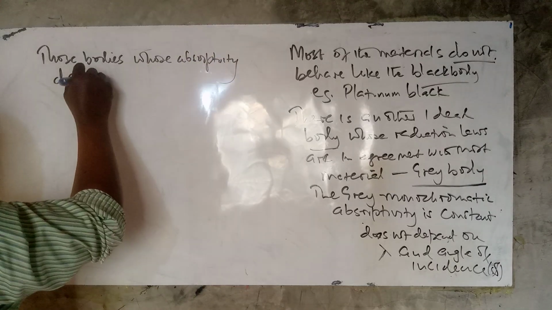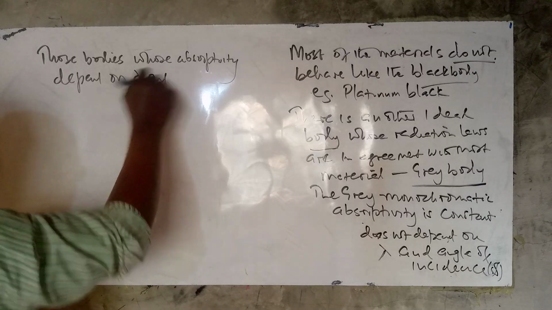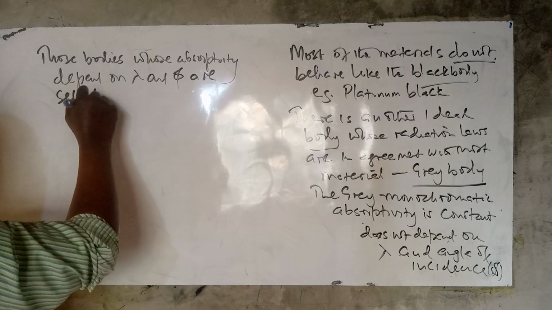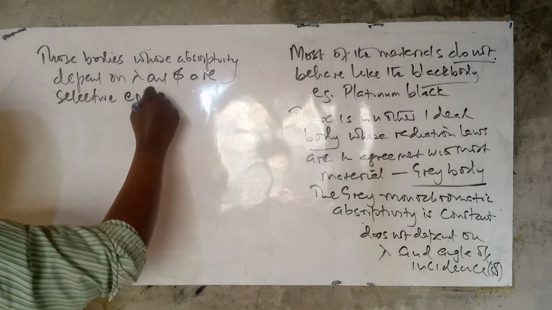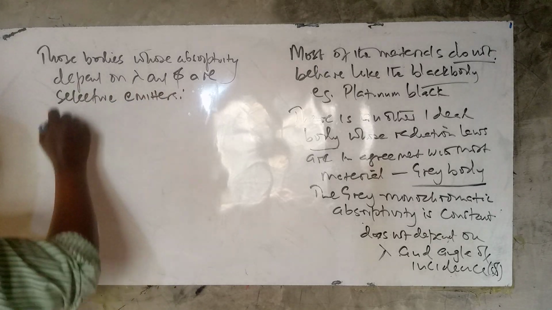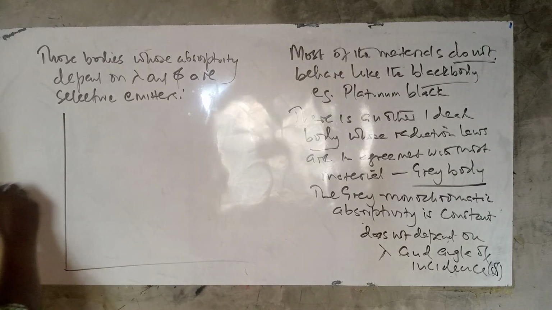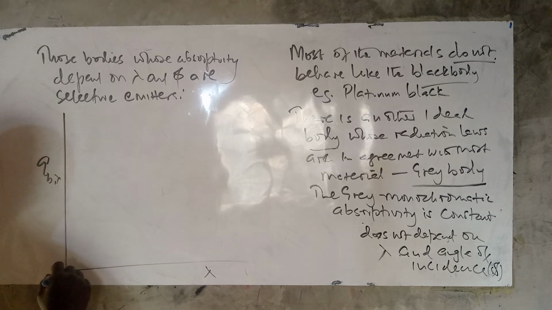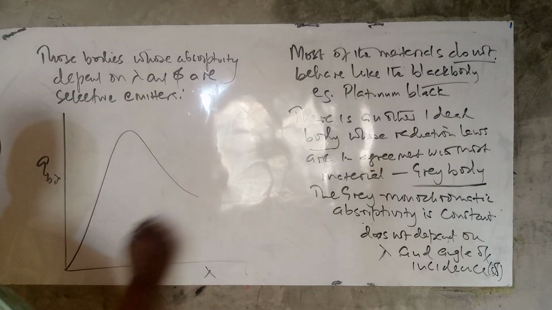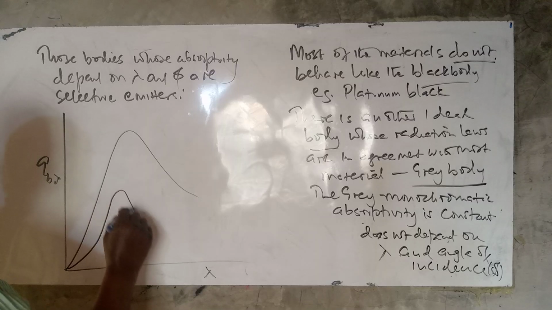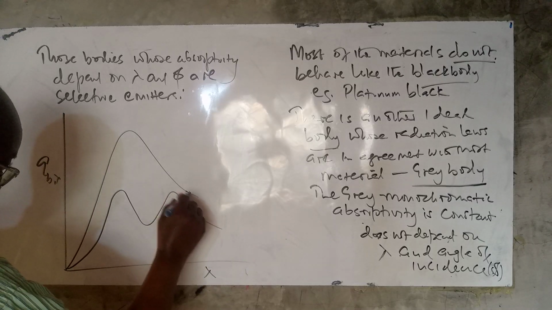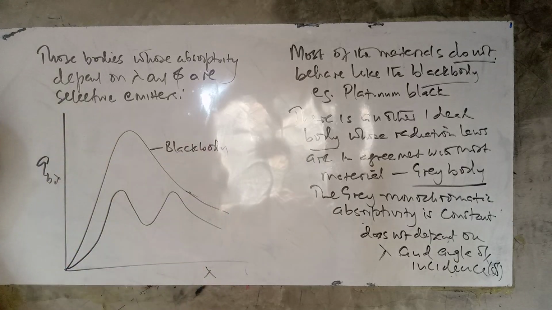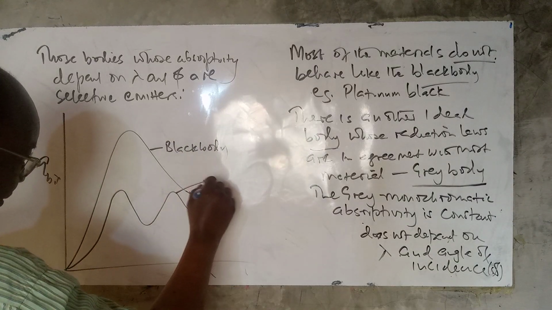So if you have your plot, for the black body you have that, but for the selective emitters, you have something like that. This is for the black body, and this is a case of selective emitters.